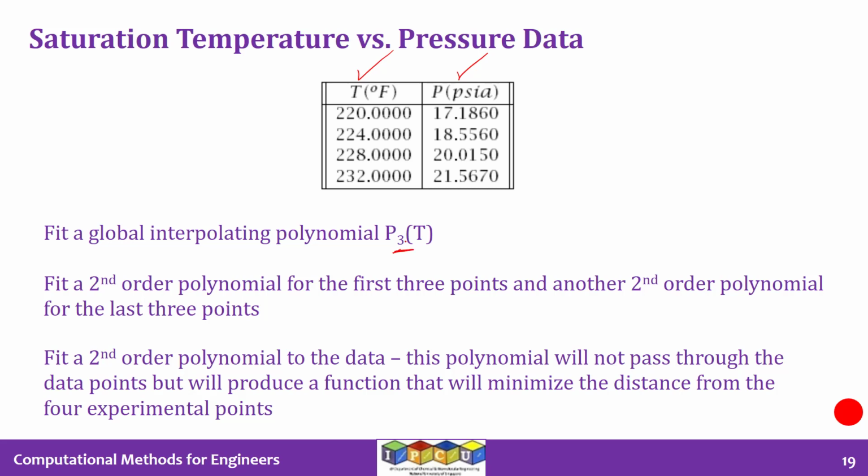A polynomial of order 3 will have 4 parameters, and since you have 4 distinct data points, you can go up till P3 of T. So you take all the 4 data points, fit a third order polynomial to it, and since that polynomial will pass through all these 4 data points, it's called a global interpolating polynomial. Global because you have utilized all the data points. Interpolating because the polynomial is going to pass through all of them. So that can be one functional approximation to this data.